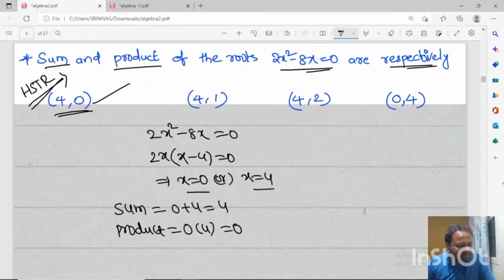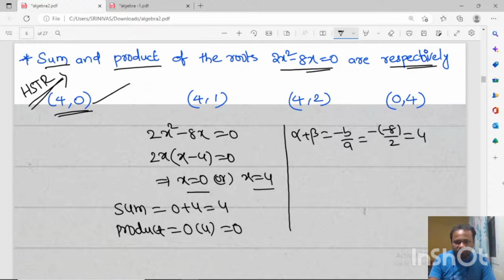Yes, most of the persons did. Okay. Sum of the roots, product of the roots, or we can do it in this method also. Sum of the roots alpha plus beta is equal to minus b by a, that is equal to minus of minus 8 by 2 is equal to 4. Product of the roots is c by a, that is equal to 0 upon 2. Two methods.